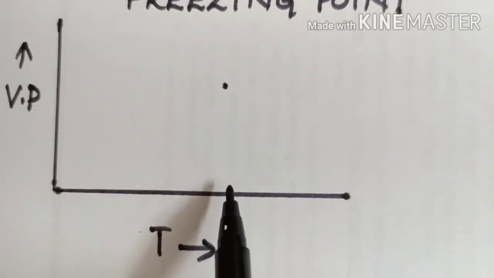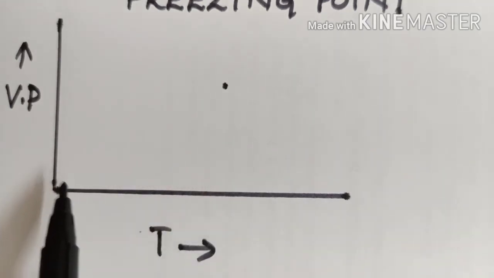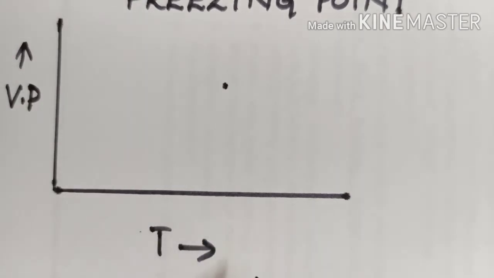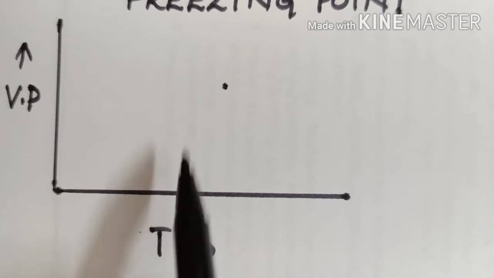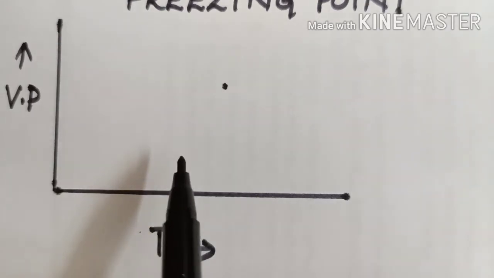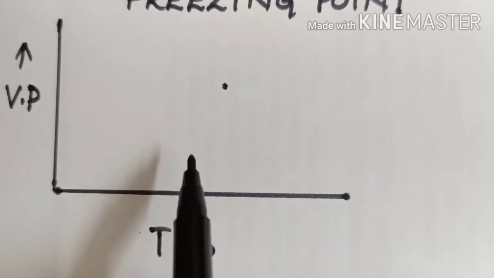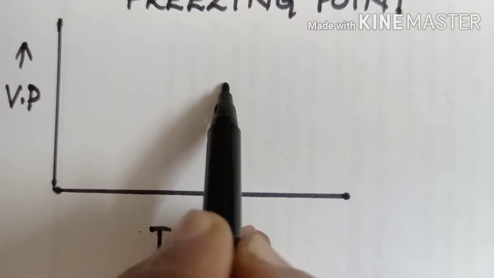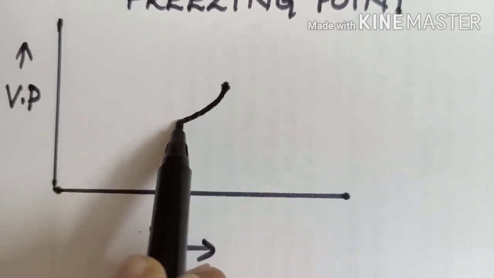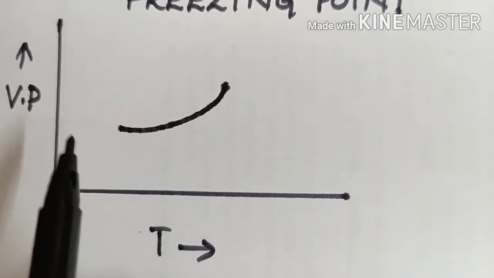Now I start decreasing the temperature. We are cooling down the liquid. What happens on cooling? You find that condensation occurs, vapors will lose their energy. It will start condensing. As a result, vapor pressure will keep on decreasing. So you find that it gradually decreases till it reaches a particular point.